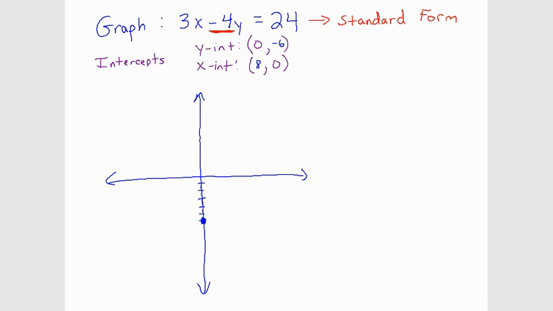Okay, great. X-intercept. That means we got to count right 8 units from the origin. So 1, 2, 3, 4, 5, 6, 7, 8. And we have our solution.